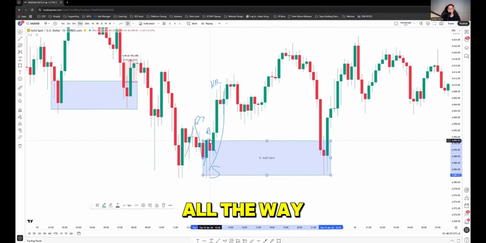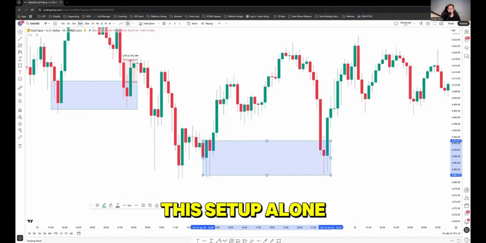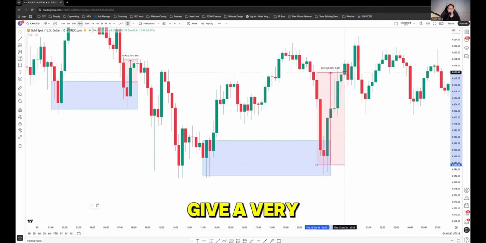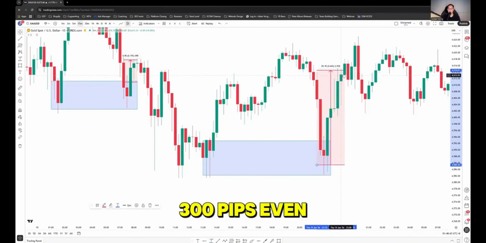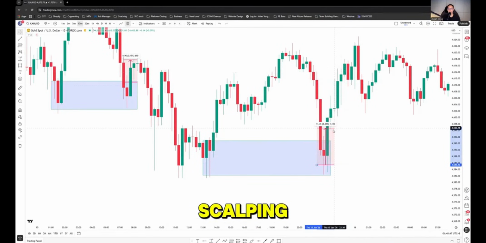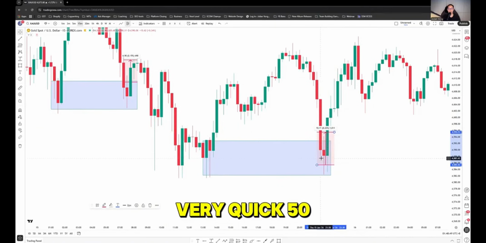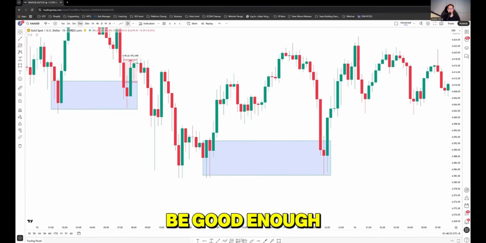Support, go all the way to R1. Okay, so you can see right here, this price came all the way here, went up. This is M15 SRR. Very straightforward. This setup alone gave a very nice 200, 300 pips even. But again, because we are scalping, we can just aim for very quick 50 pips and that'll be good enough.